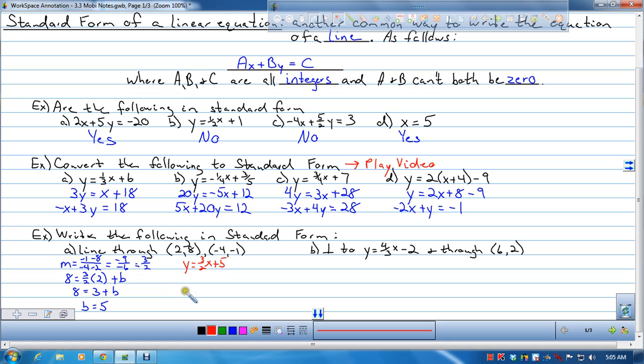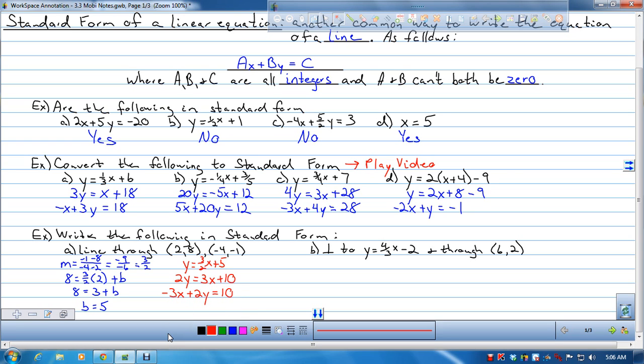What do I need to get rid of first? I need to get rid of this fraction, so I'm going to multiply everything by 2. 2y equals 3x plus 10. And now I just move the 3x over by subtracting. Negative 3x plus 2y equals 10.